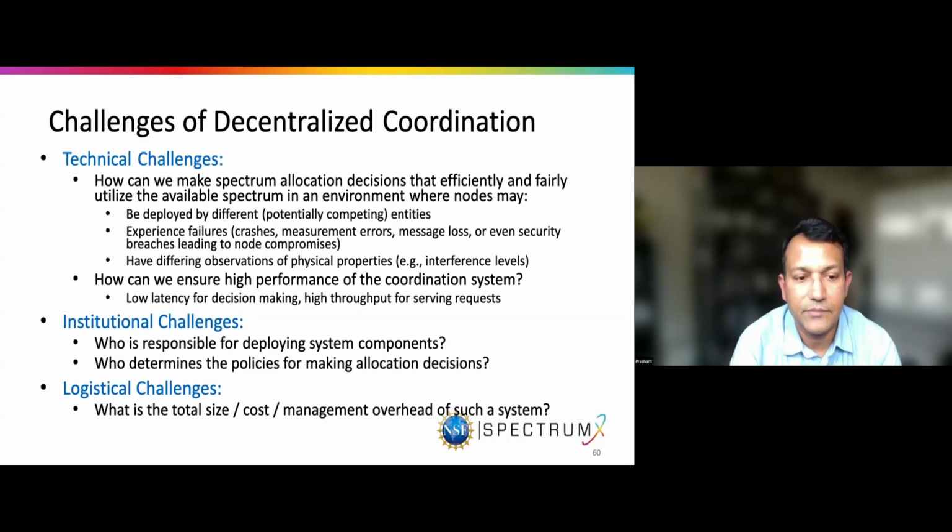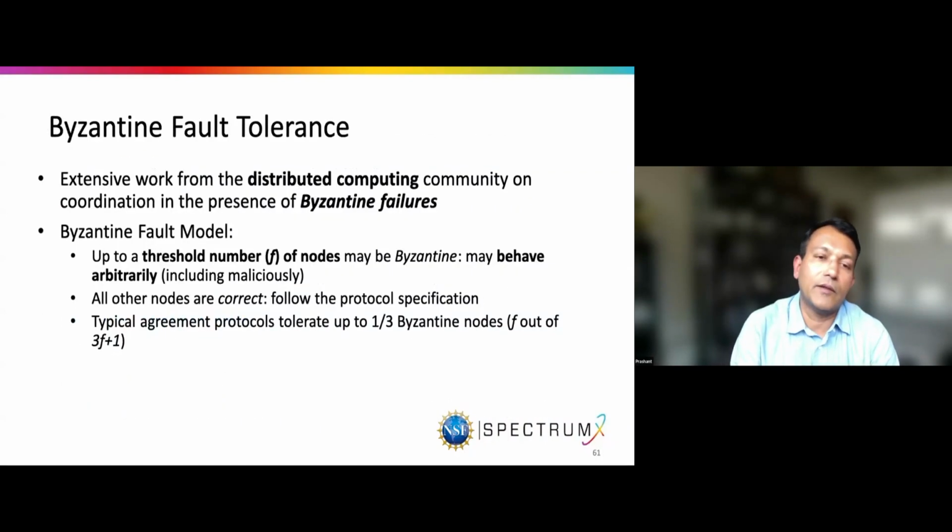So that is the goal of this seed project, which is to look at these fault tolerance issues in spectrum sharing. Next slide, please. So the model that we are looking at is called Byzantine fault tolerance. This is something that has been explored in the distributed computing community for a while now. Much of the work in this space is more theory and formal methods, although there are practical applications of BFT models like we see in cryptocurrency and blockchains.